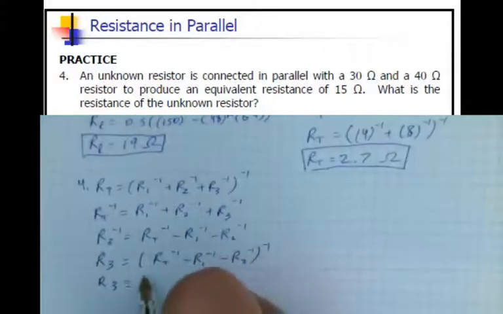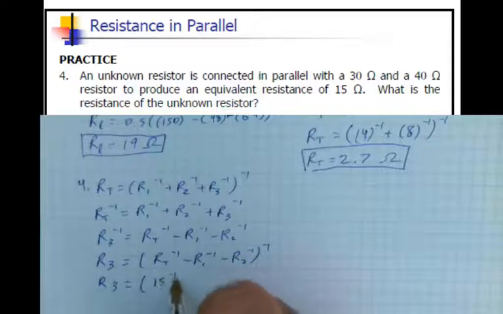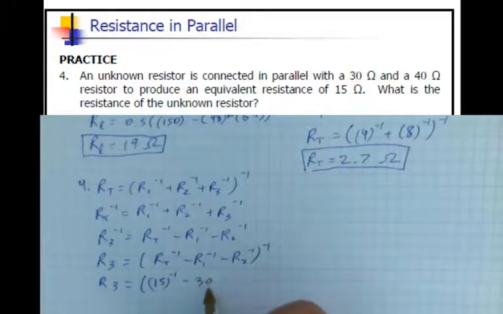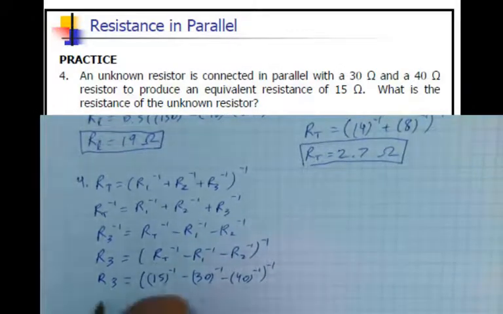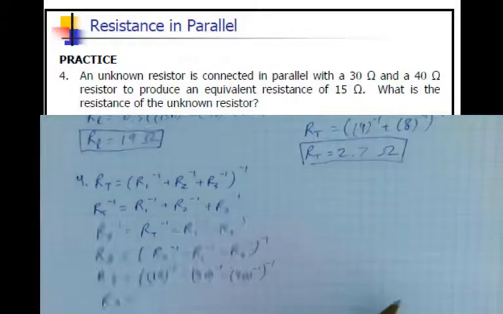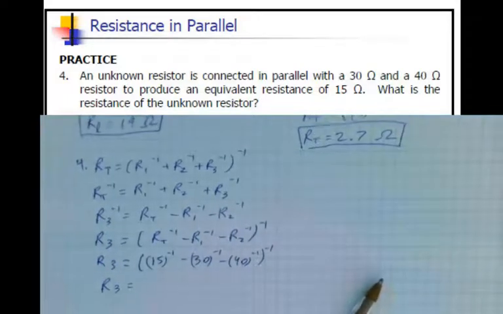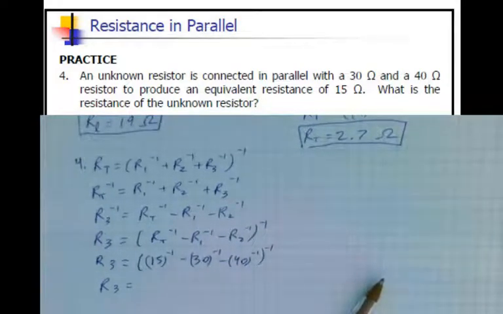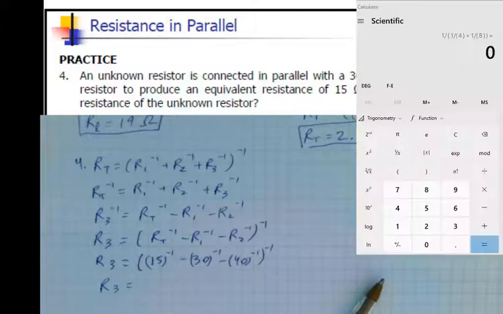it's going to be a total resistance of 15 to the negative 1 minus 30 to the negative 1 minus 40 to the negative 1, whole thing to the negative 1. And let's find out what our R3 is. Turn our calculator on.